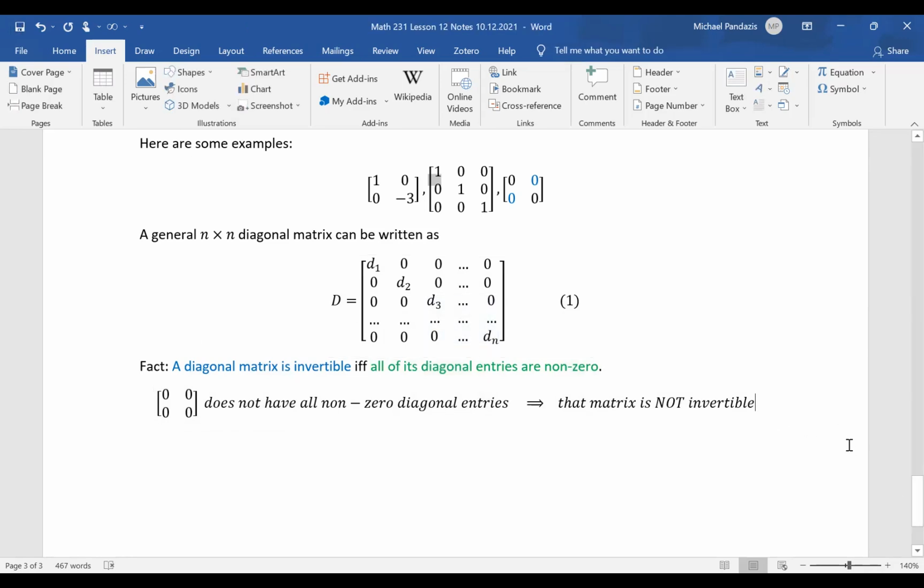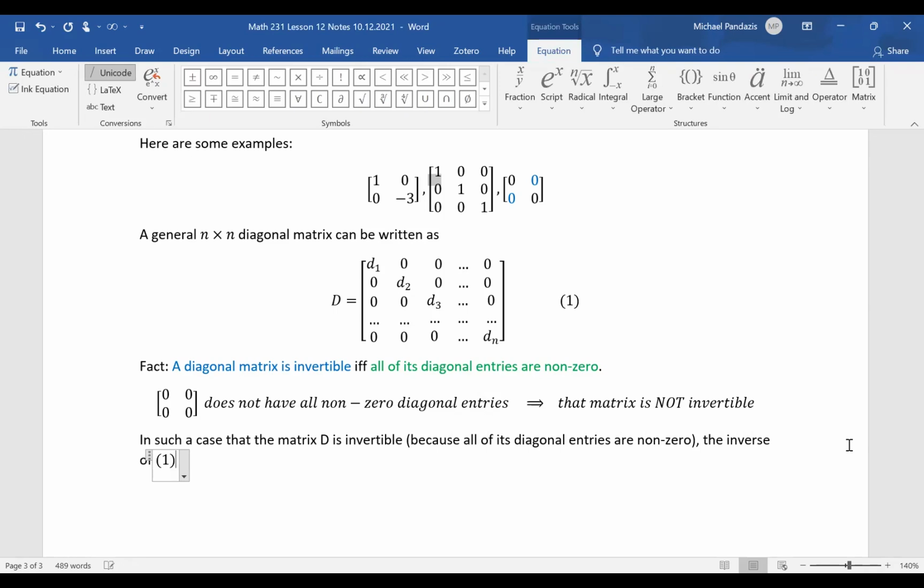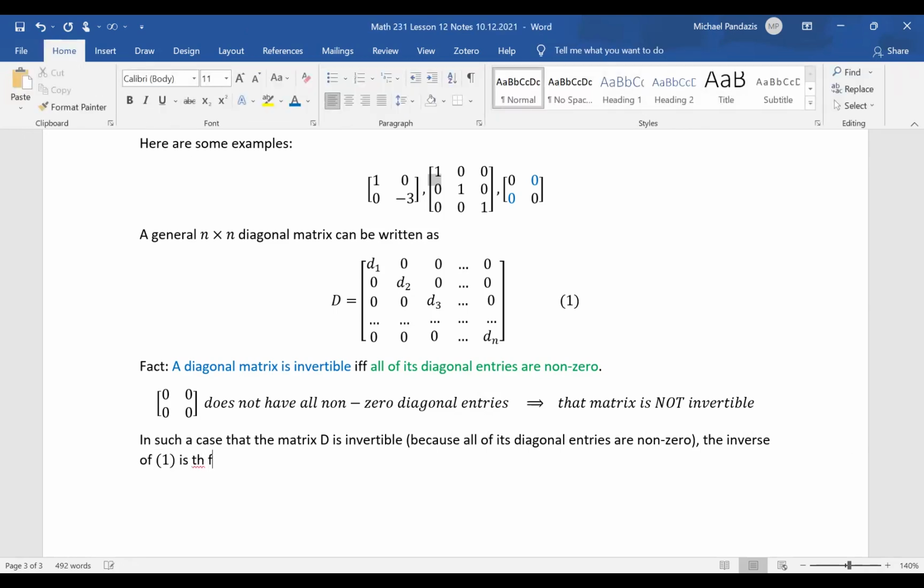Okay, good. So in such a case that the matrix capital D is invertible because all of its diagonal entries are non-zero, the inverse of D is the following.